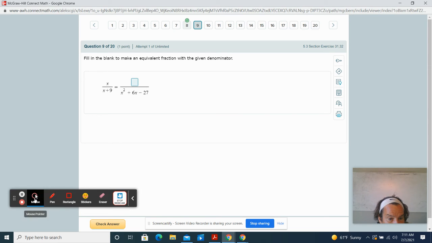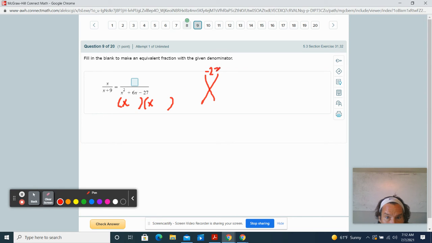We have an x squared, so I know it's going to be an x and an x. And this one's a straight diamond problem with negative 27 on the top and positive 6 on the bottom.